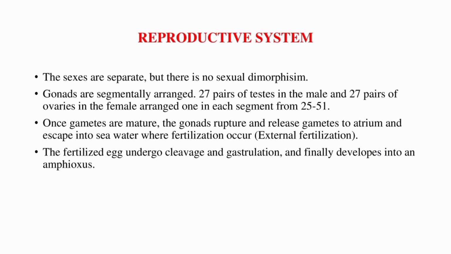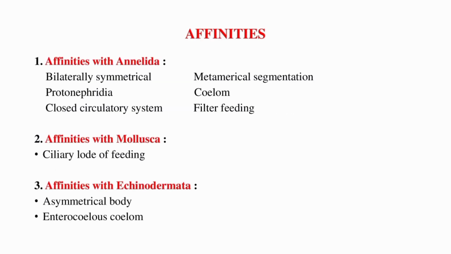Once gametes are mature, the gonads rupture and release gametes into the atrium and they escape into seawater, where fertilization occurs. So here external fertilization takes place. The fertilized egg undergoes cleavage and gastrulation and finally develops into an amphioxus.